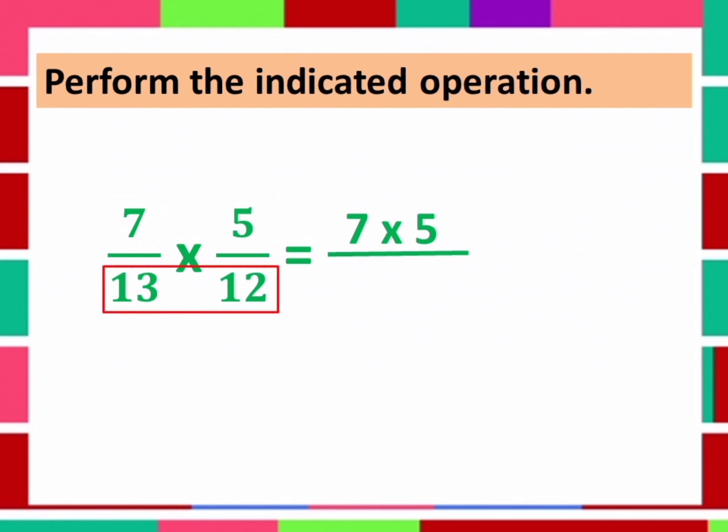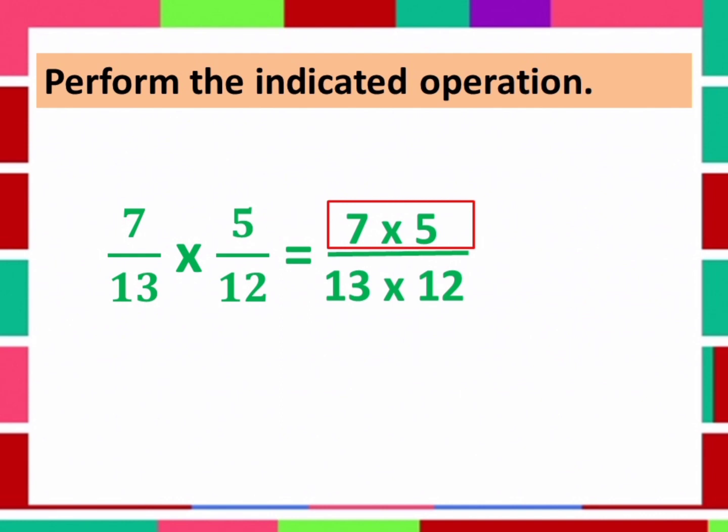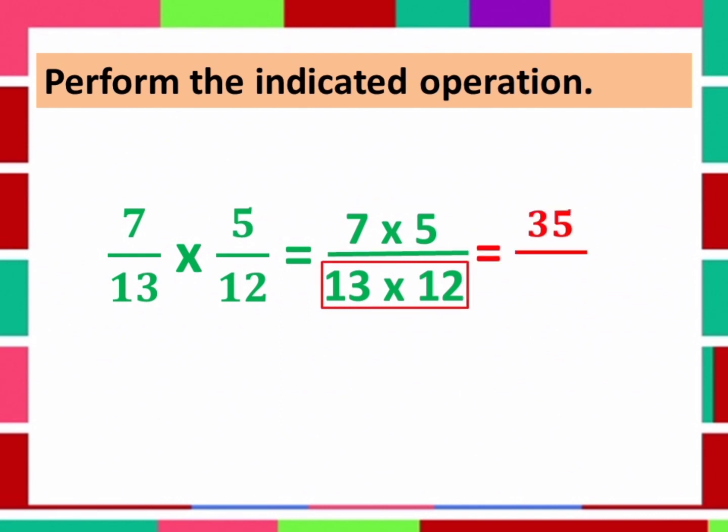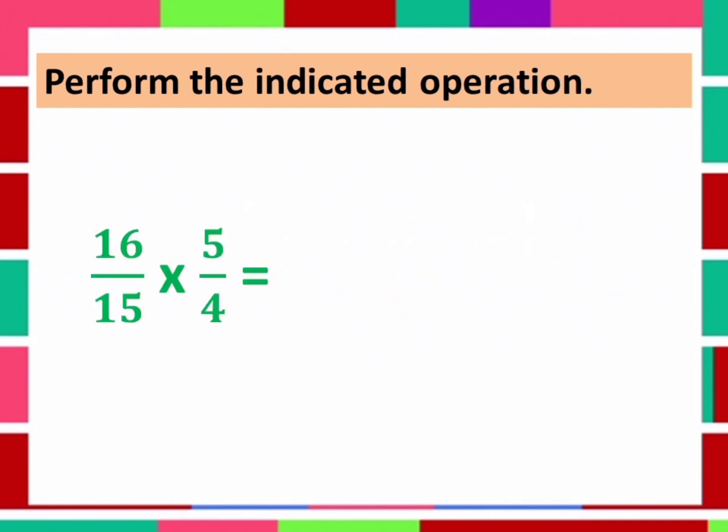Now, simplify. 7 times 5 is equal to 35 and 13 times 12 is equal to 156. So, therefore, 7 over 13 times 5 over 12 is equal to 35 over 156. Another example is 16 over 15 times 5 over 4.